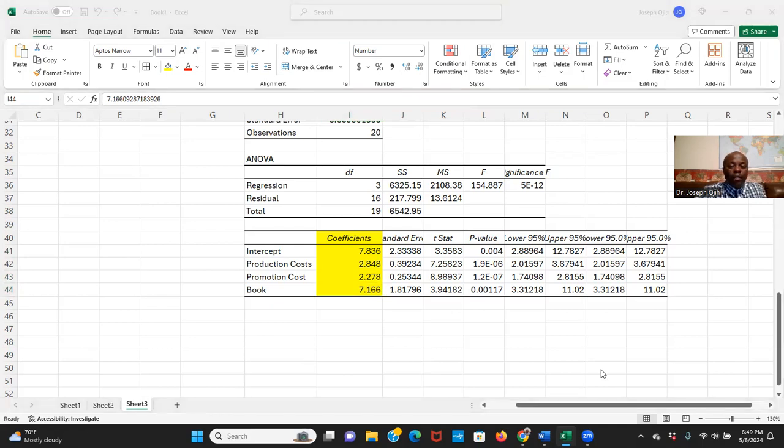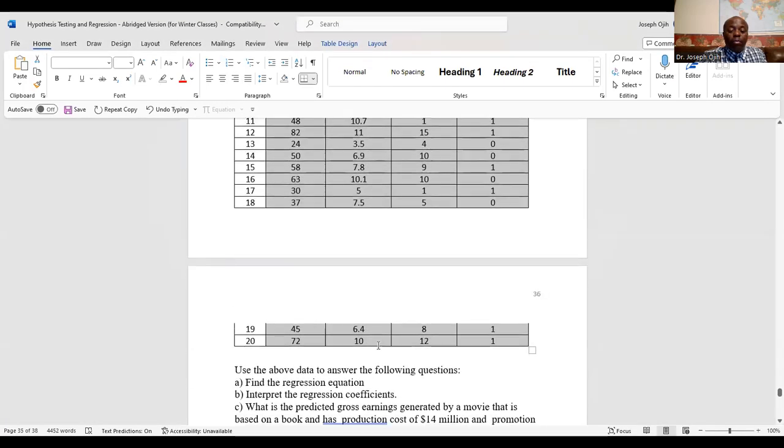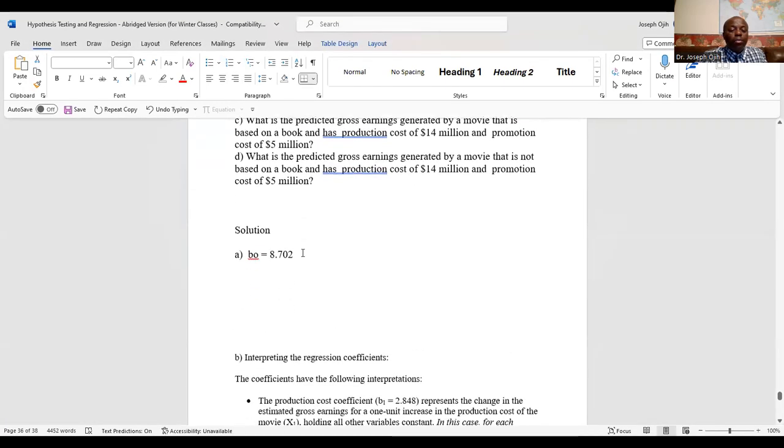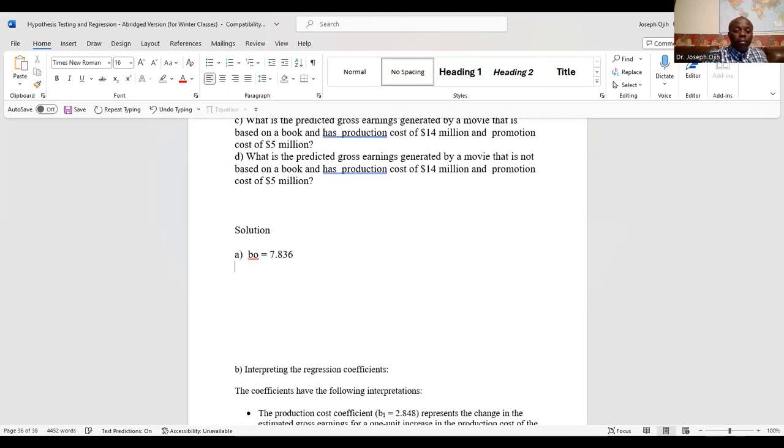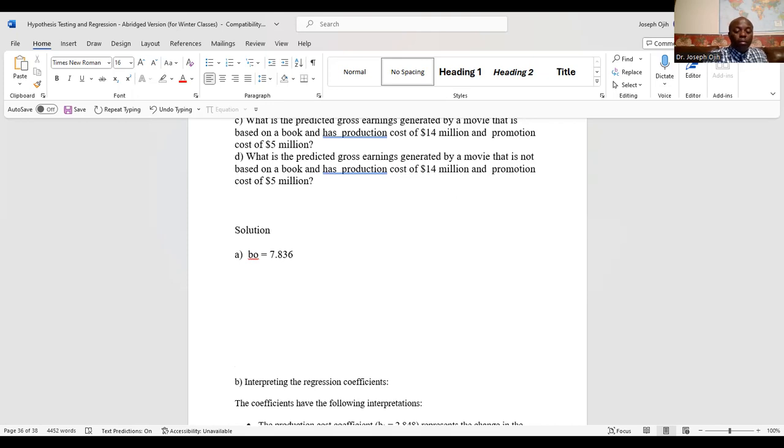So now we can go to our main workbook and use this to derive the regression equation. So B0 is 7.836. B1 equals 2.848.